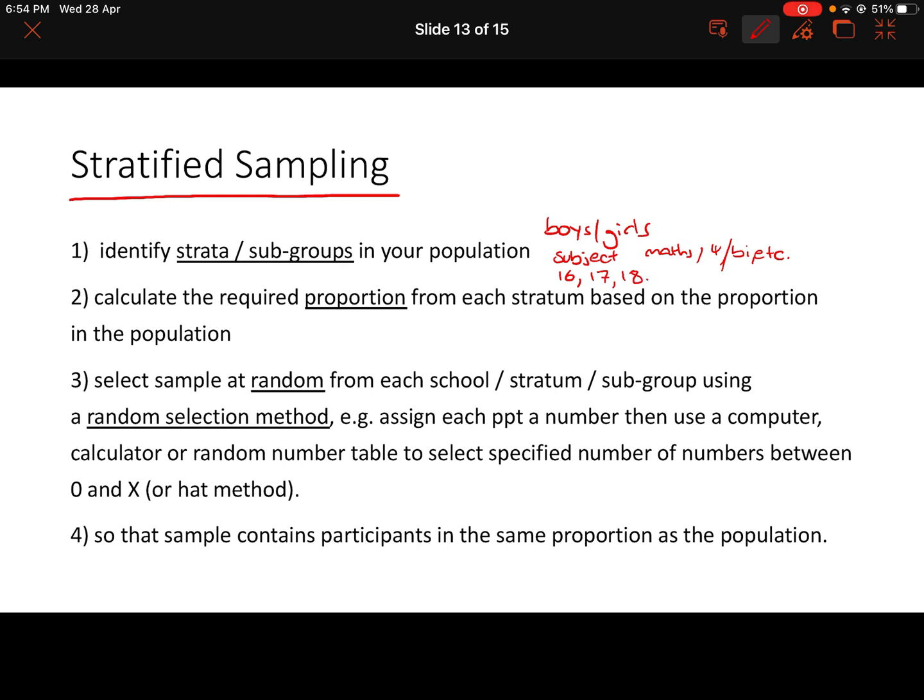We then need to calculate the proportion of our subgroups. So we need to identify what percentage is girls, what percentage is boys, what percentage 16-year-olds do we have, 17-year-olds and 18-year-olds, so that we know the proportions from our population. We then need to make sure that those proportions are calculated for our sample.